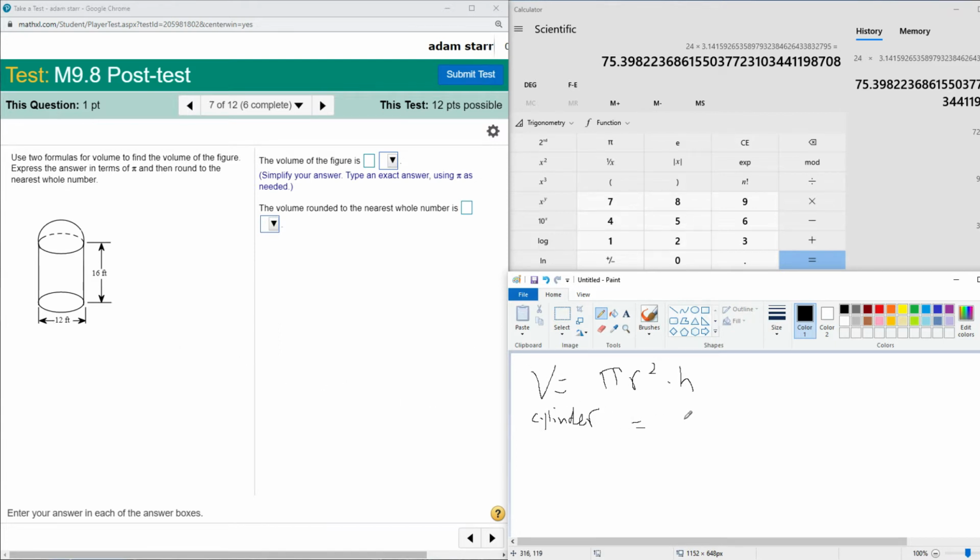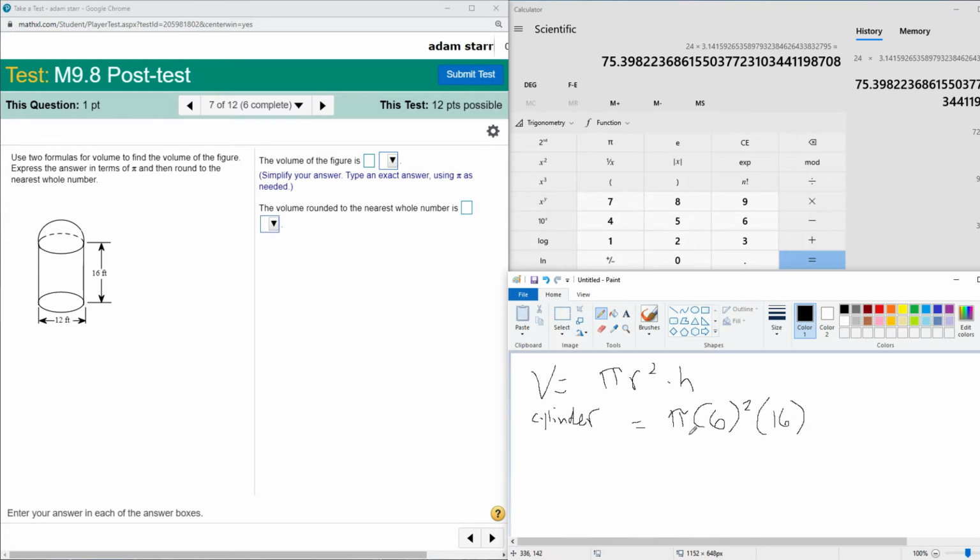Again, I'm going to leave it in terms of pi for now. This distance is my diameter of my circle, but I need the radius, so I'm going to divide it by 2. So my radius in this case will be 6. Half of 12 is 6, and my height of my cylinder is 16.